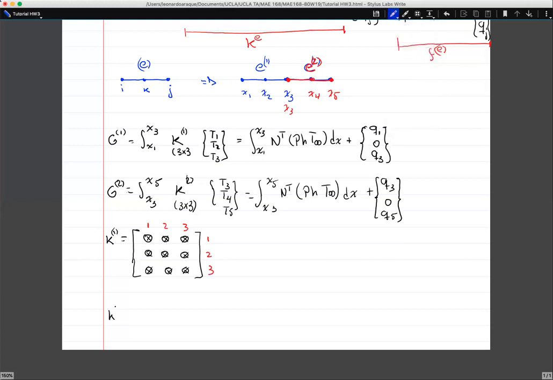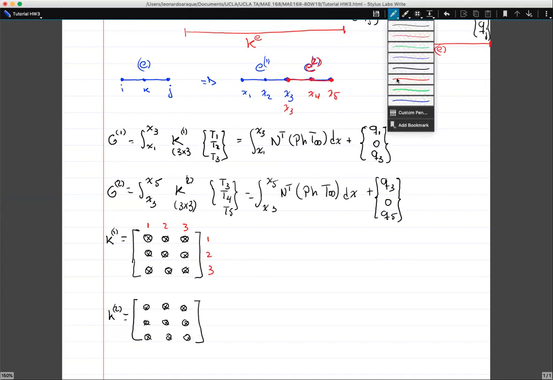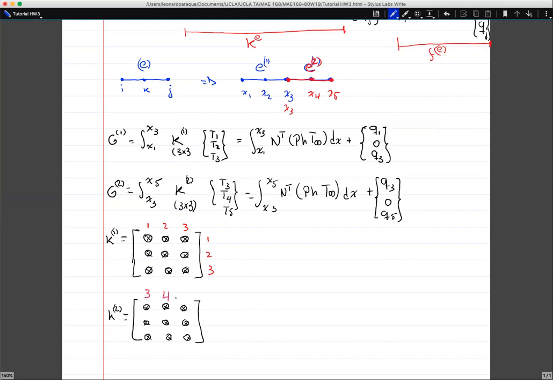For K2, we have a similar case, but the nodes are 3, 4, 5.